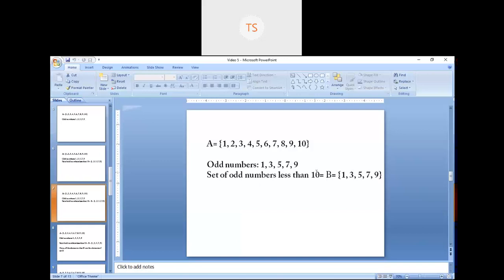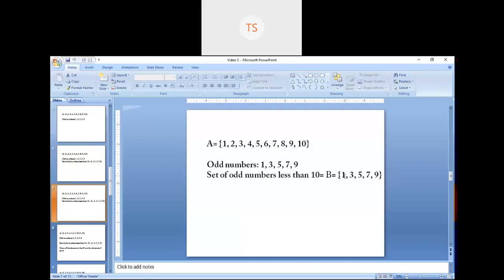Now if you notice the numbers 1, 3, 5, 7, and 9, you can see that these numbers are also members of set A, because in set A you have 1, 3, 5, 7, and 9.